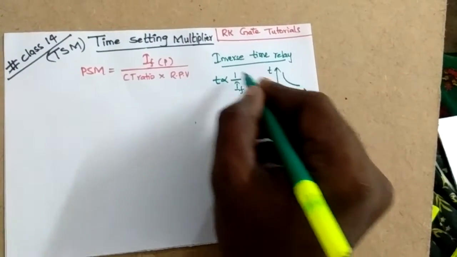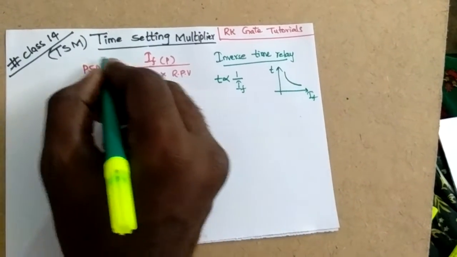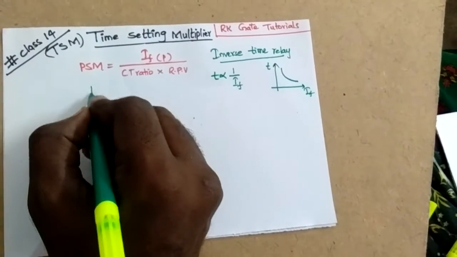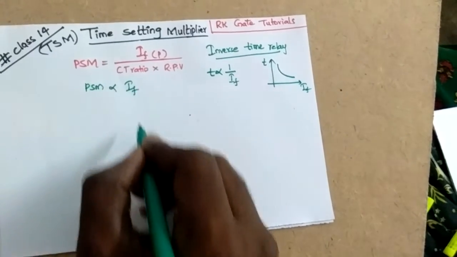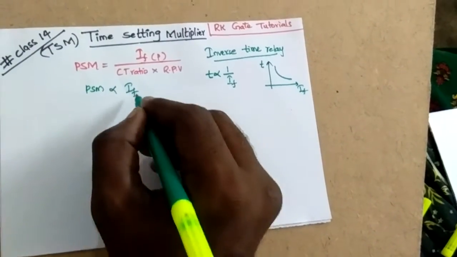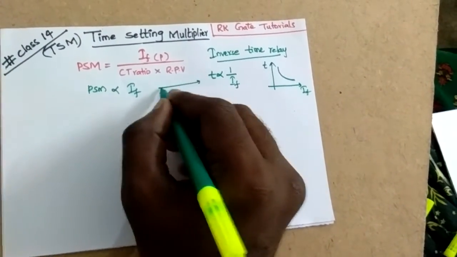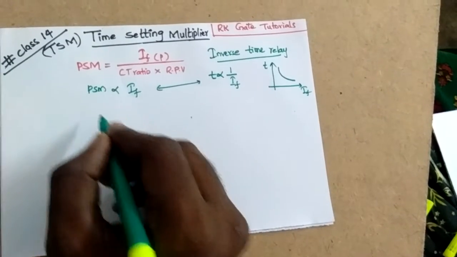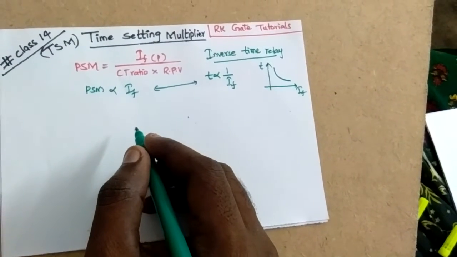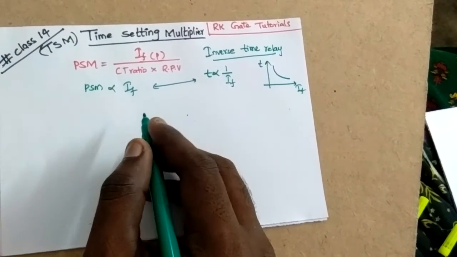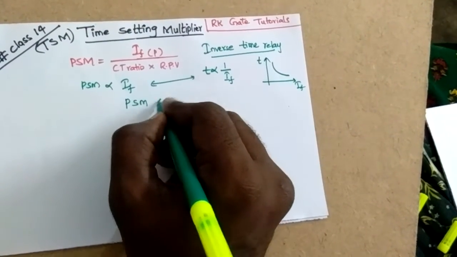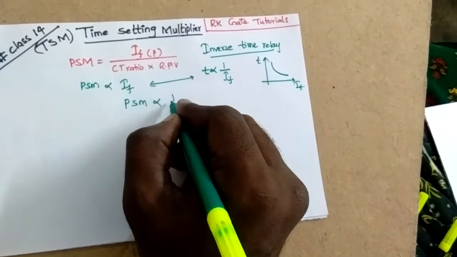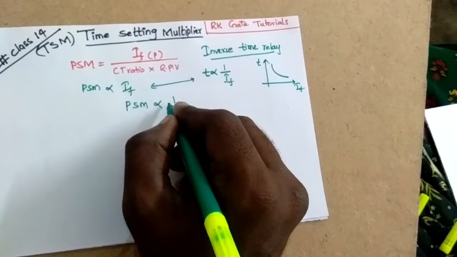So let us take this first one. Now from this we can say that the plug setting multiplier is directly proportional to fault current magnitude. So from these two we can relate the time of operation with the plug setting multiplier: PSM is inversely proportional to time of operation.